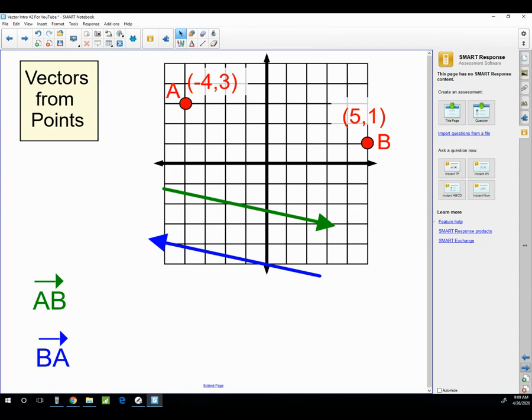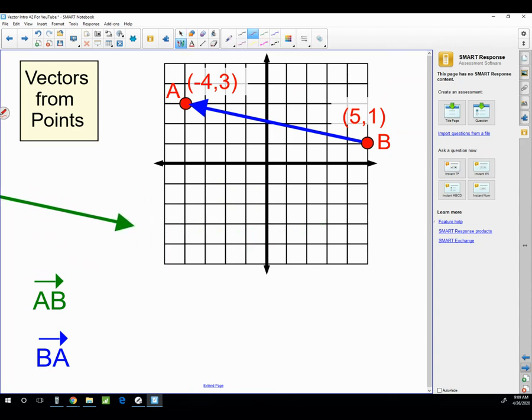Now there's two vectors could be drawn here. We could go from A to B or B to A. Let's just look at B to A. So we're doing the one on the bottom. We could do it the way we've been doing it. We could go 9, 2, and that would be -9, 2.